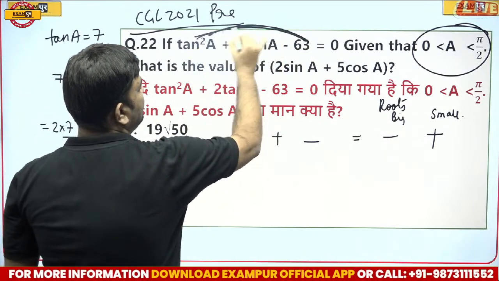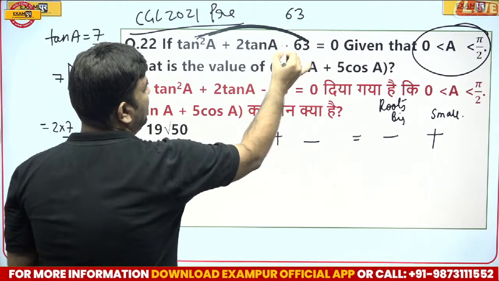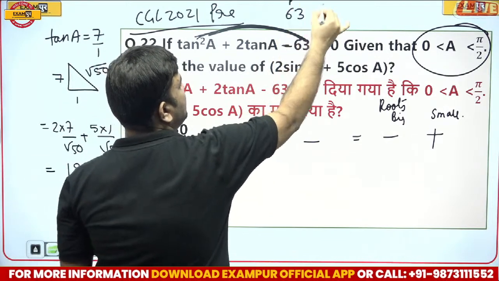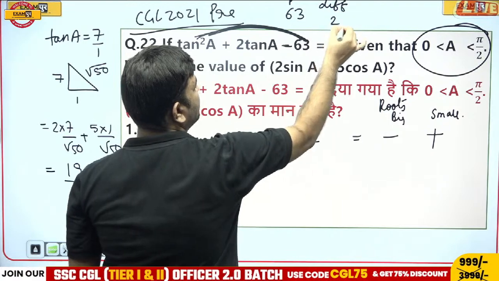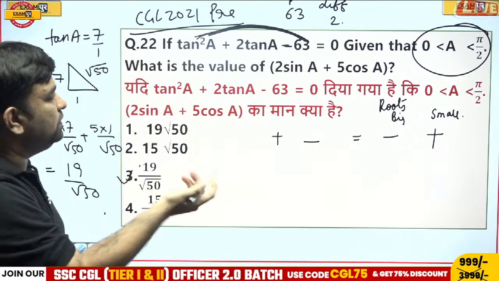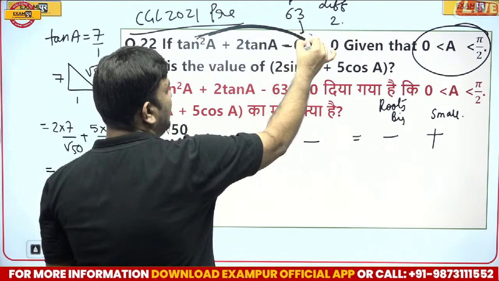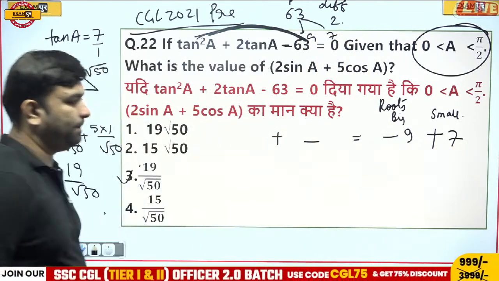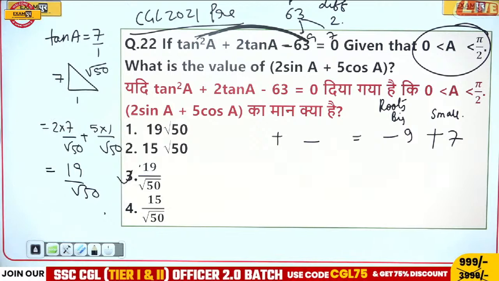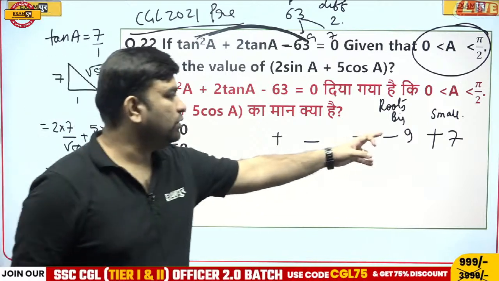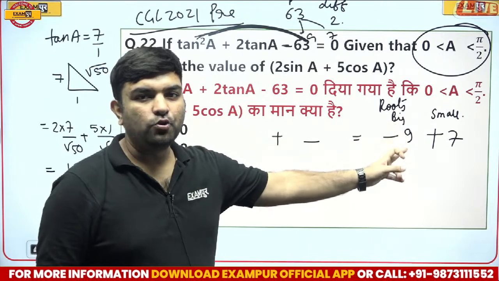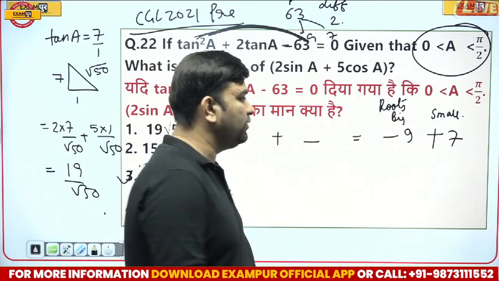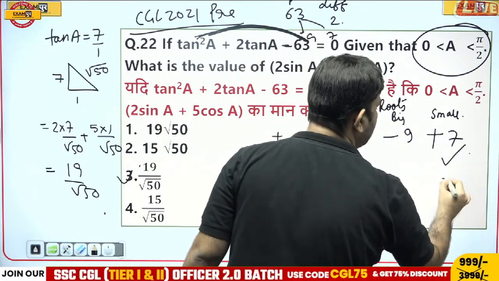Product 63, negative sign, so difference of 2. So very clearly 9 and 7: minus 9 plus 7. The bigger root numerically is negative and the smaller root is positive. So plus 7 is your 10.